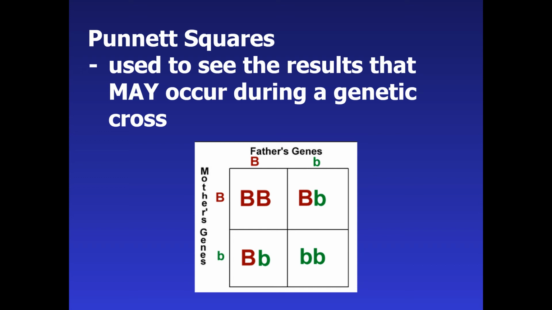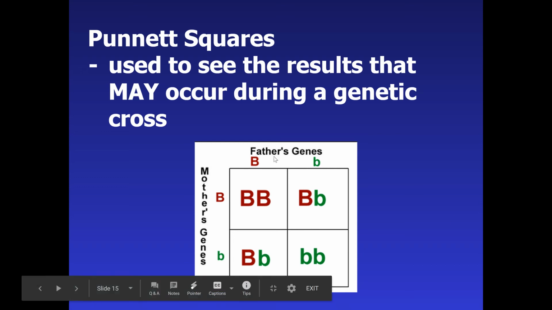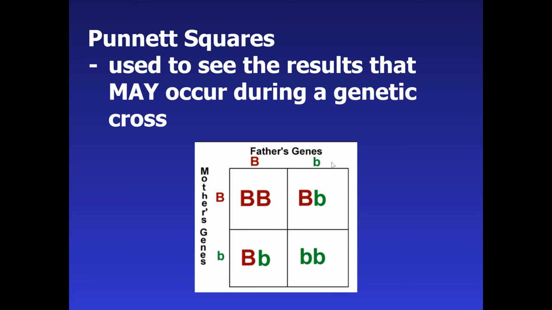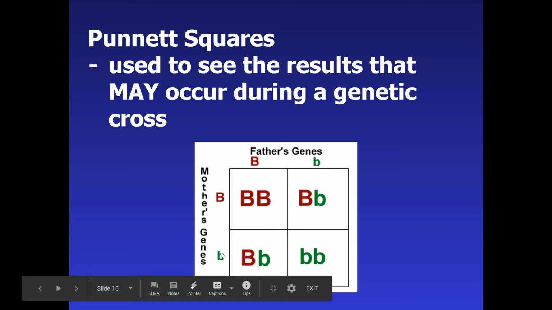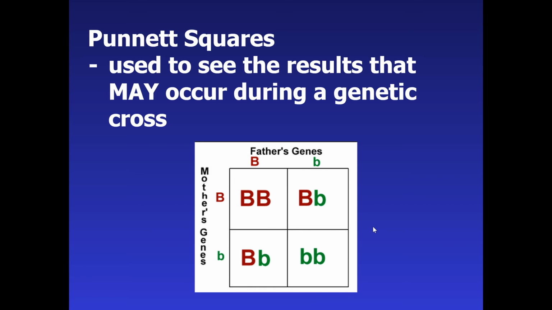But for example, this father has a dominant and a recessive, and this mother has a dominant and recessive, and when it is sorted out in the Punnett square, you'll see that there is a larger probability of the offspring having that dominant trait, whatever it may be.